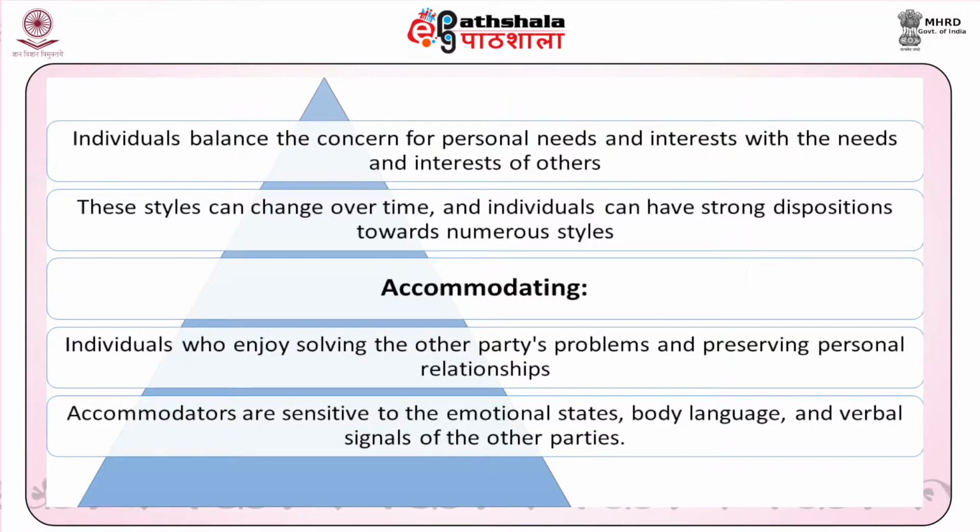The following five styles can be used based on individuals' preferences depending on their pro-self or pro-social goals. These styles can change over time, and individuals can have strong dispositions towards numerous styles.